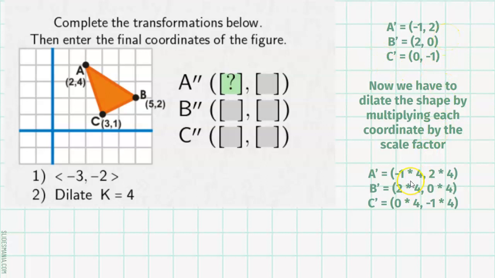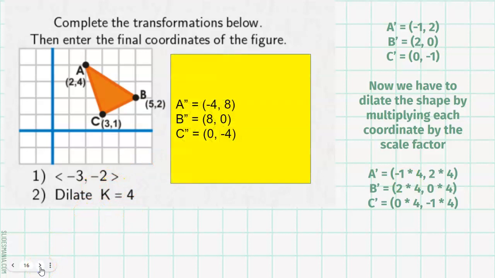I'm going to multiply each one by 4 because the scale factor is 4. And here's what I finally end up with. There's my final answer. It's so important for you to follow the steps completely. Write them down. You will not be able to remember them. Write them down. Use paper and pencil today.